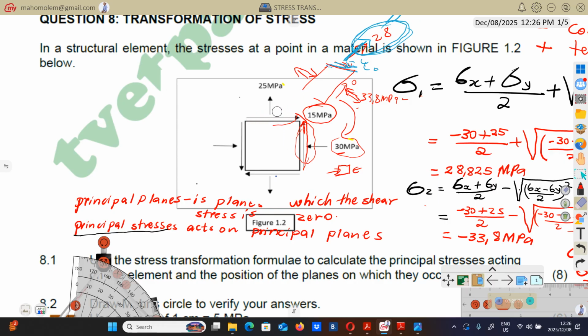On X face, we're going to have two stresses, this 30 together with this. So we're going to have negative 30 because of this compression. Then we're going to have this. This is anti-clockwise shear stress. It's 15.